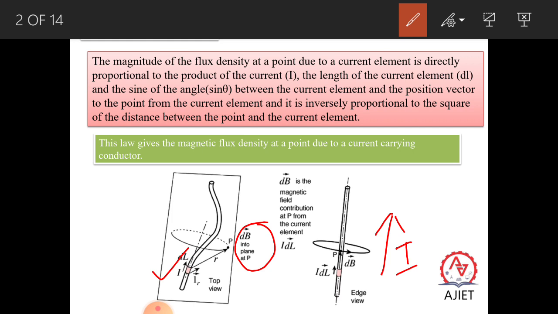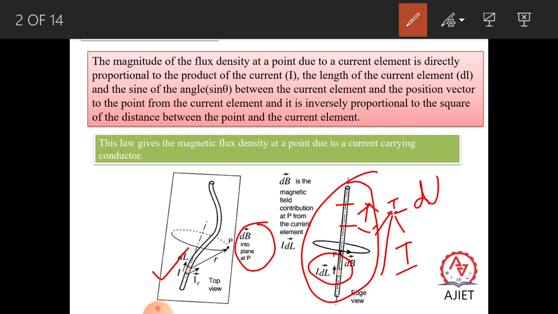Let us take this as a current carrying conductor, and take a small element I dl, where dl is the length of the current carrying element and I is the current through that element. And there is the sine of the angle between the current element and the position vector.